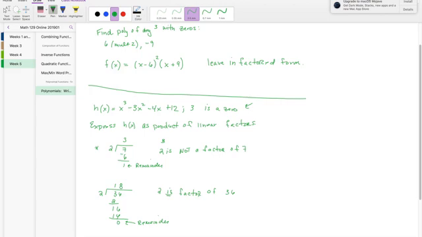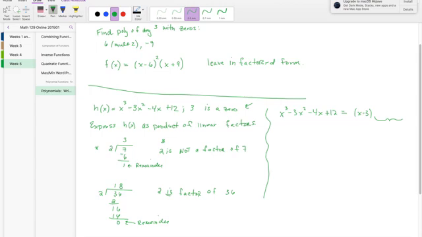So really with the polynomial, if we know that 3 is a 0, we're basically saying, okay, x cubed minus 3x squared minus 4x plus 12 is equal to, so if 3 is a 0, that means x minus 3 is a factor. So it's equal to x minus 3 times something else.